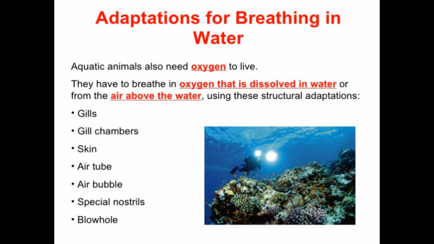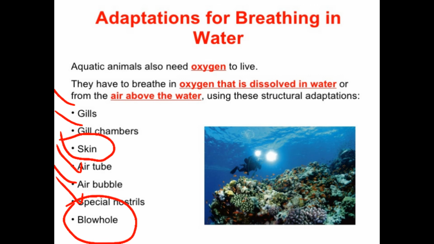So what are those structures which help them to get oxygen dissolved from water or maybe above the water? These are gills, and sometimes gill chambers. Maybe they use their skin to absorb oxygen. They have special air tubes through which they take oxygen, or air bubbles, or they can have special nostrils and the blowholes. So what are these structures? We will be looking at them one by one.